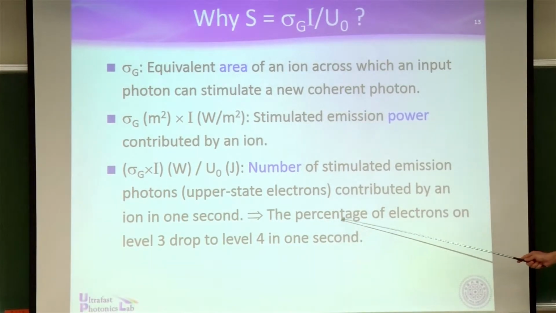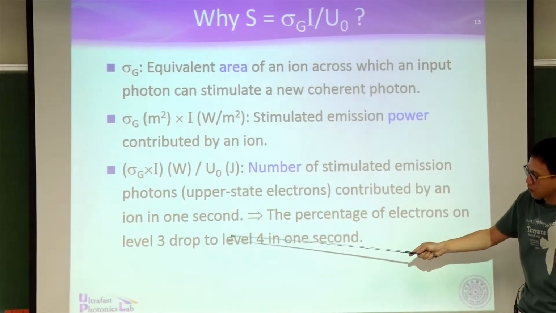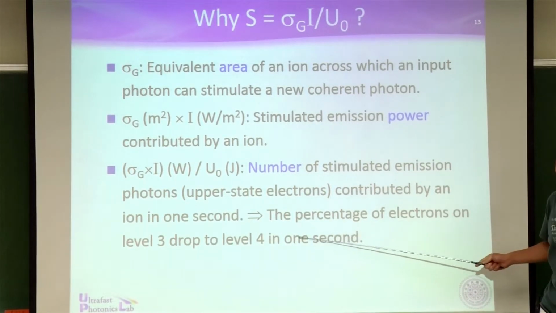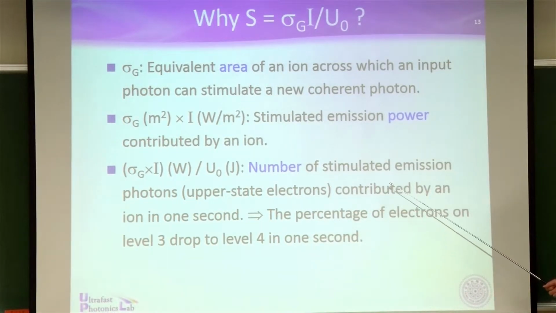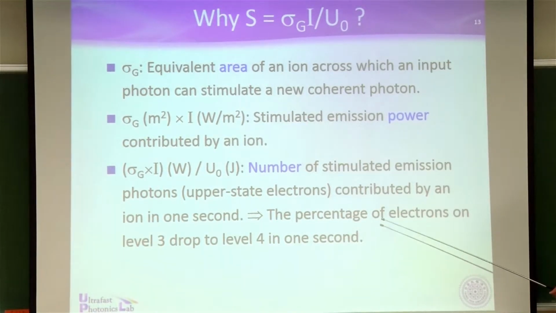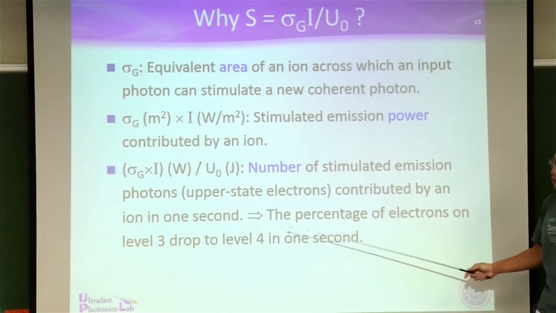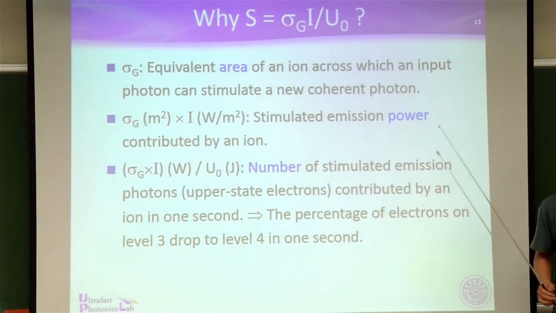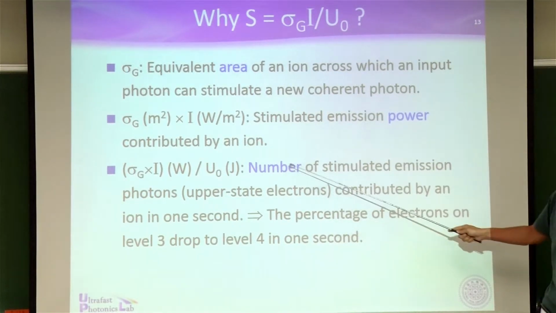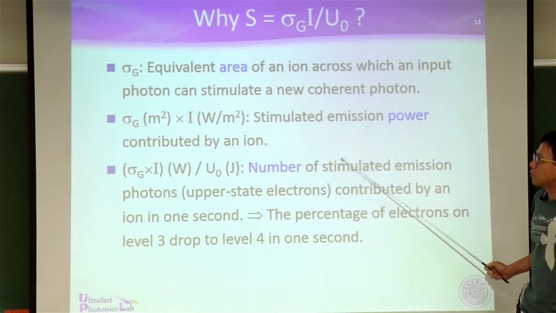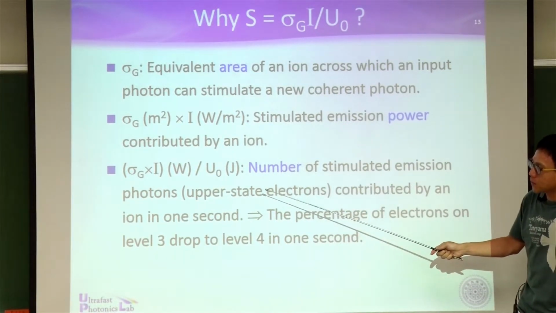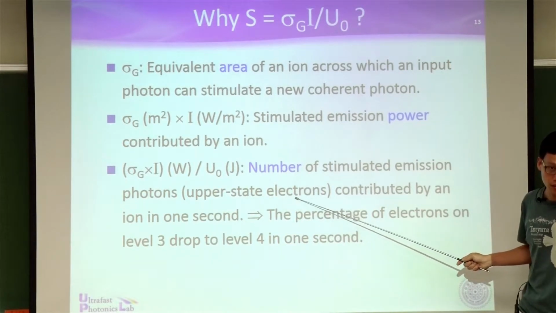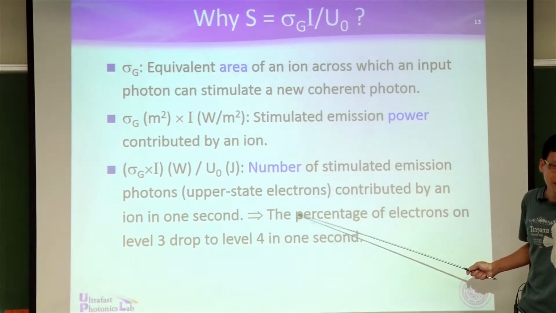And this is nothing but the stimulated emission rate, as I mentioned, the percentage of electrons on level 3 that drop to level 4 in 1 second. 我刚刚不是说 stimulated emission rate 物理意义是1秒钟之内有多少的电子被从高能阶第3阶驱动到低能阶，就第4阶，对不对？我说它的意义是这样，这个意义不就等于这一句话吗？ The number of stimulated emission photons must be the same as the number of upper state electrons stimulated back to level 4, right?